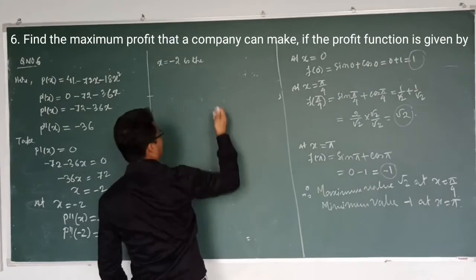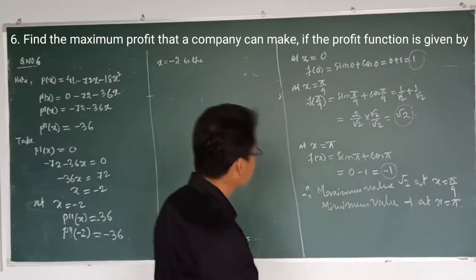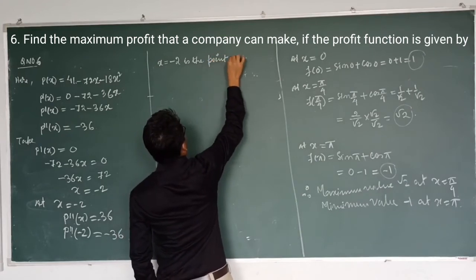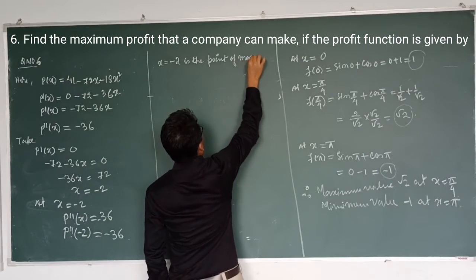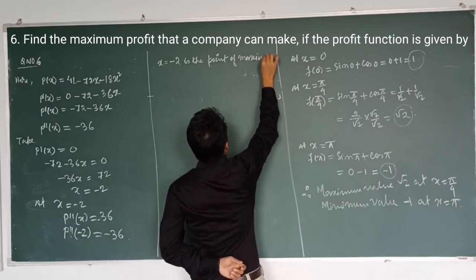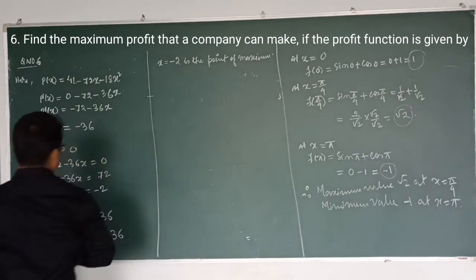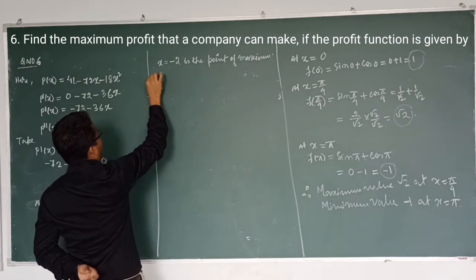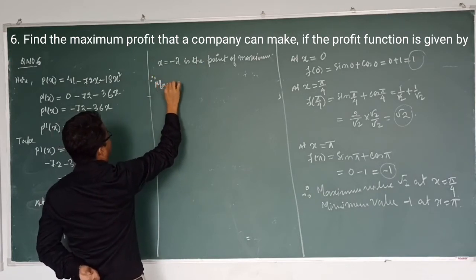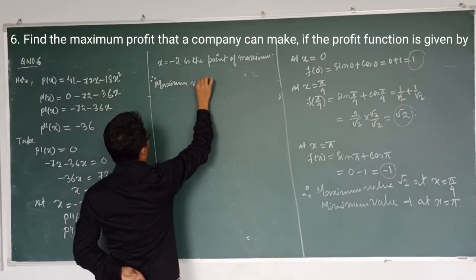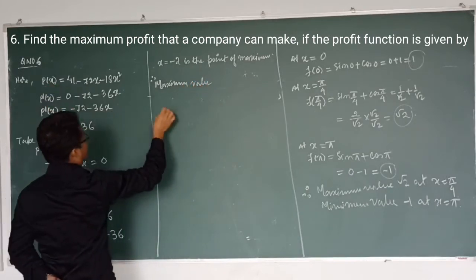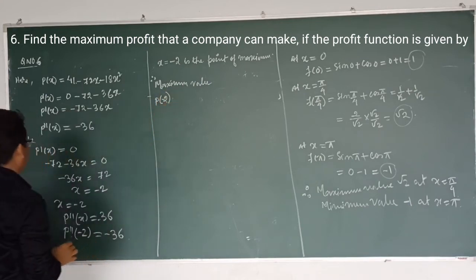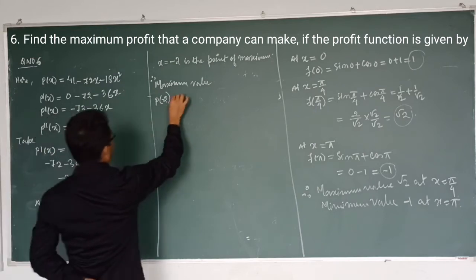Therefore the maximum value or maximum profit we are going to find. So we put the value here: P of minus 2.